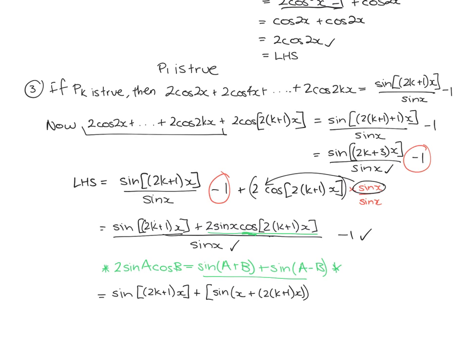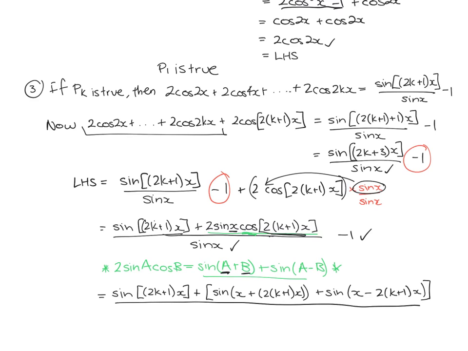And then we're going to have plus sine of the same thing, but in this case it's minus, so minus (2k plus 1)x. That comes from A, here would be this one, and B would be this bit here.